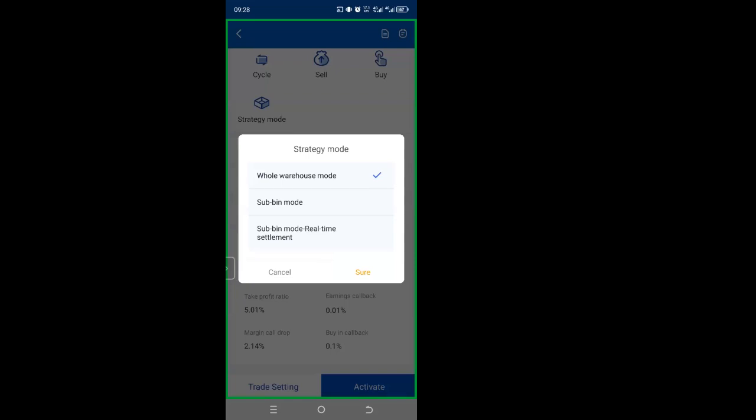Whether the robot buys up to 8 margin calls, 10 margin calls, all of them will wait until the first 4 margin calls are closed. That is when they will deliver.